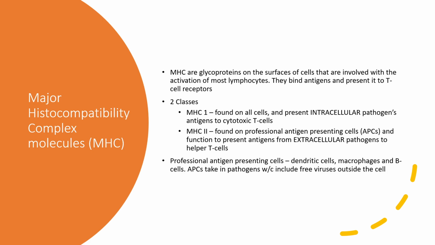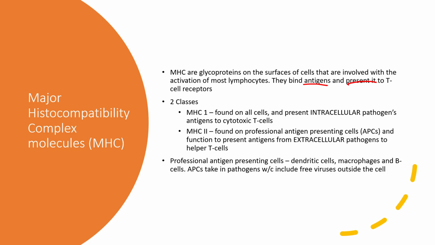They bind to antigens and present them to T cell receptors. So their main role is to process antigens for them to be presented. We have two classes. We have class 1, which is found on all cells and presents intracellular pathogen antigens to cytotoxic T cells.